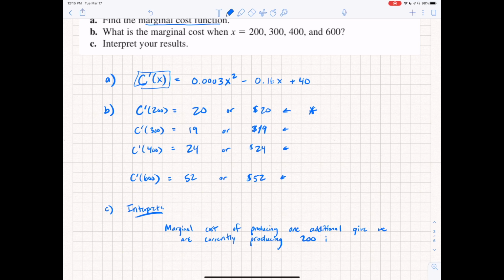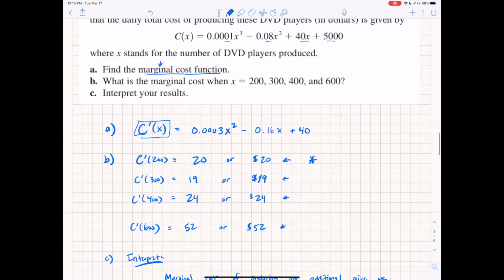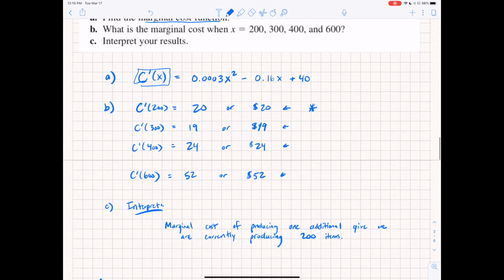So in this problem, 200 DVD players. So in other words, if I produce the 201st, if I want to go to the next item, what that $20 represents is it's going to cost me an extra $20. That's the cost to try and increase the production.